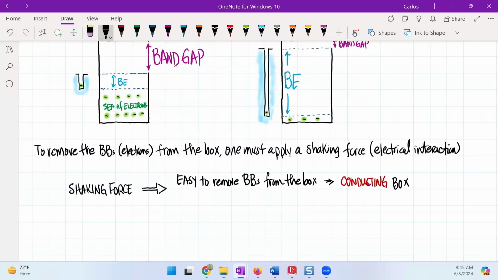In other words, it's easy to transfer. However, if it's hard to remove BBs from the box, then this box here is an insulating box.